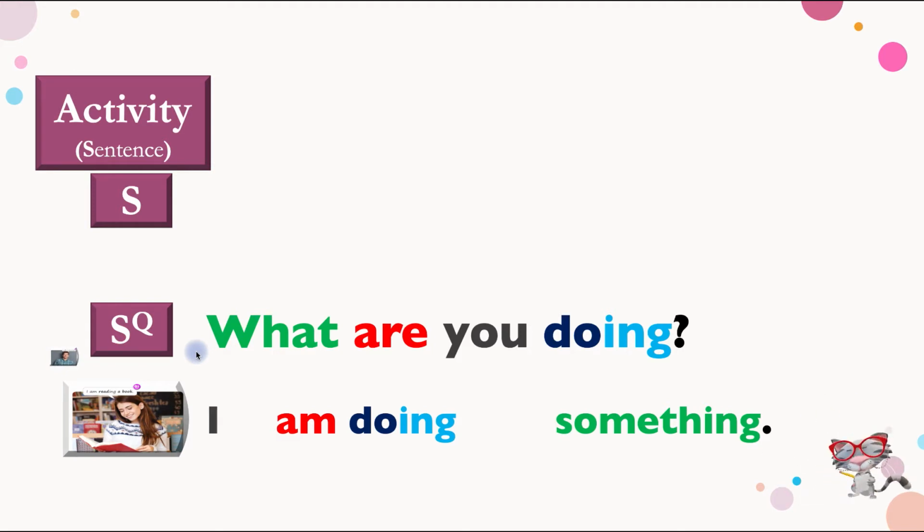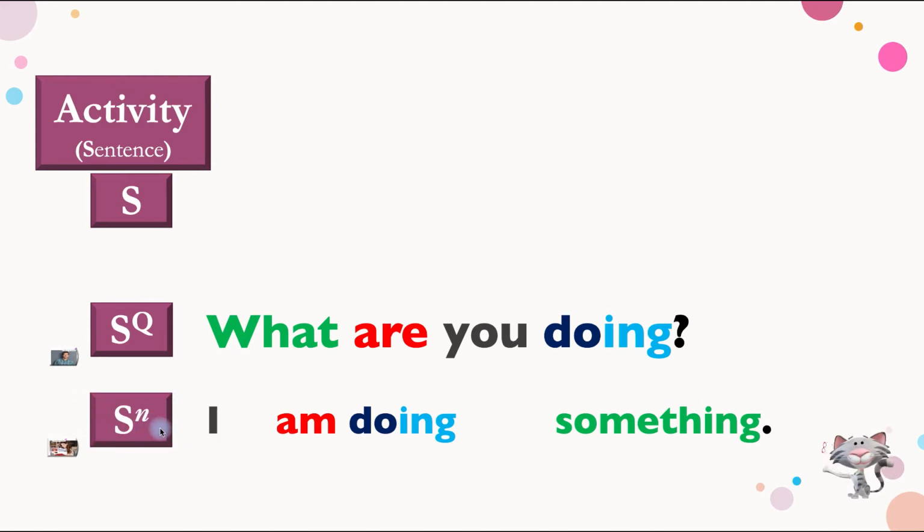It's a sentence question. There's the question mark, it's asking a question. It has the word what, that makes it a question. And then I am doing, we're going to call SN, because it has a number of possible answers. So what are you doing? There are many possible answers. But the grammar is I am doing something.